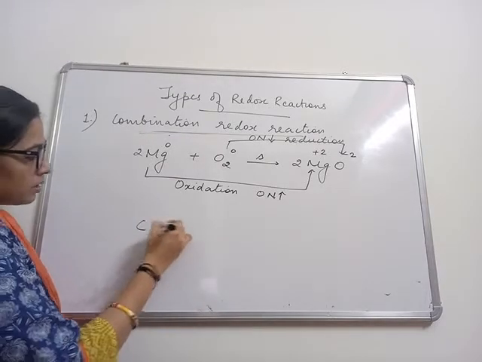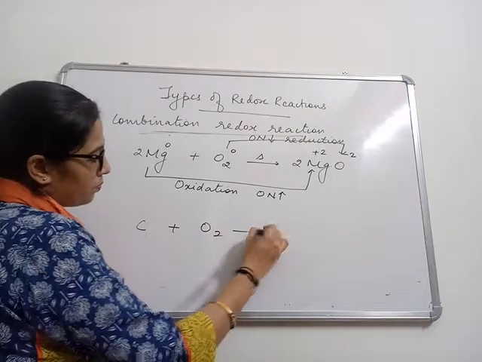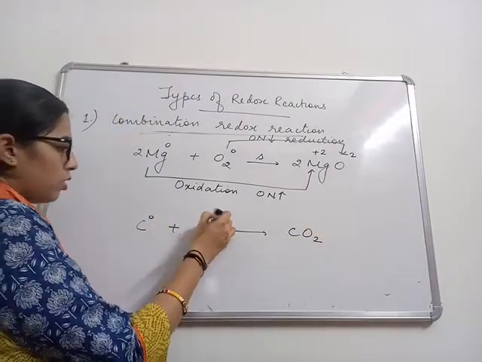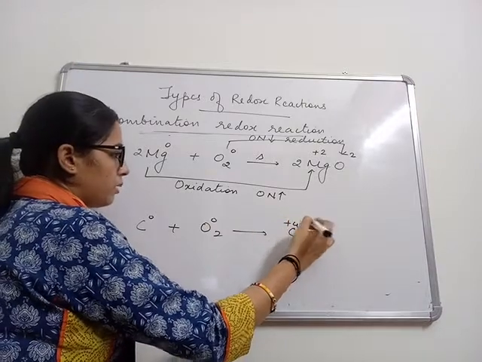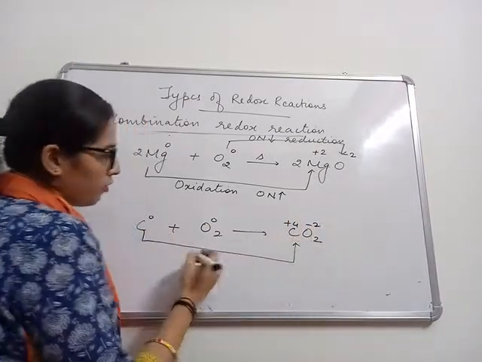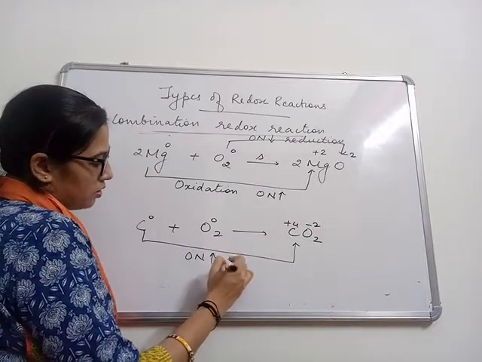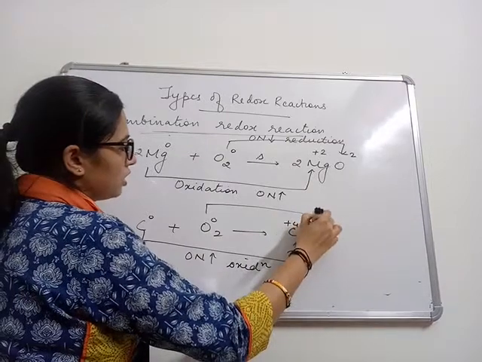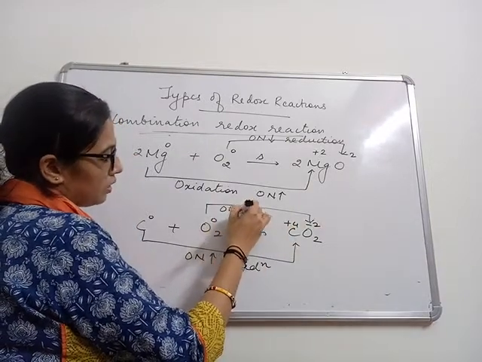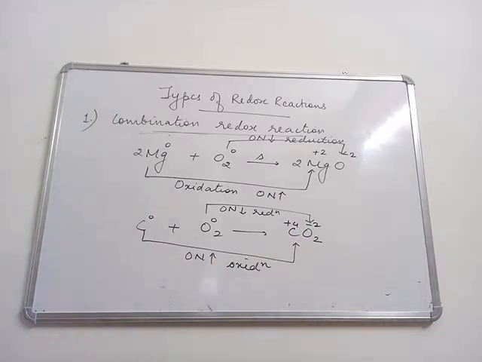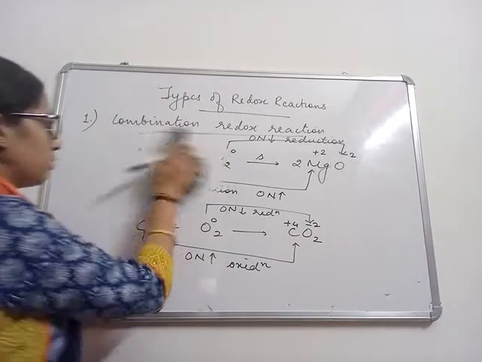Another example is carbon. When you heat it, you get carbon dioxide. Carbon 0, oxygen 0; in carbon dioxide, carbon +4 and oxygen -2. So the oxidation number of carbon increases, so it undergoes oxidation, and that of oxygen decreases, so it undergoes reduction. So it's again a combination redox reaction. These are examples of combination redox reaction.